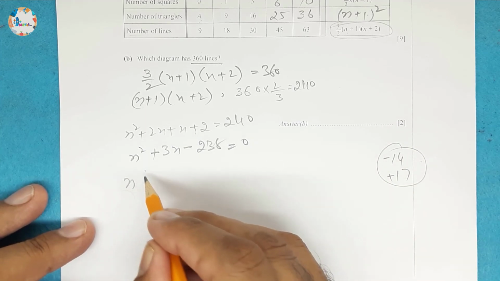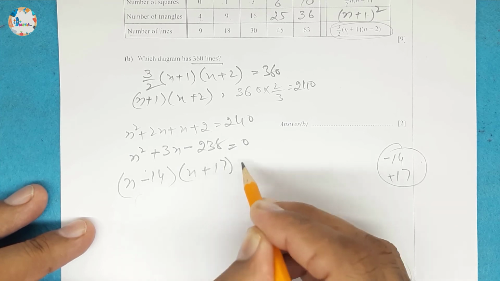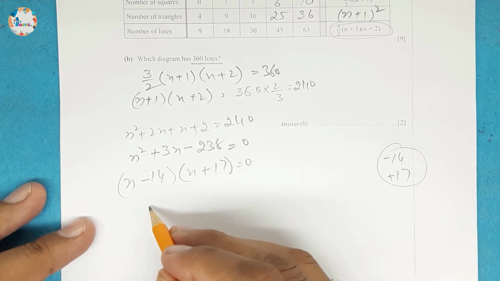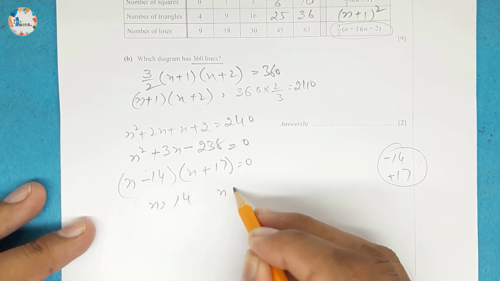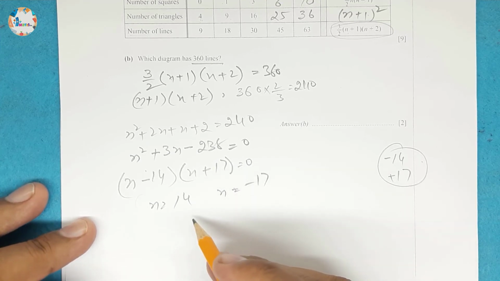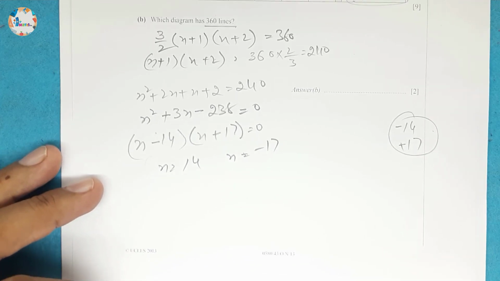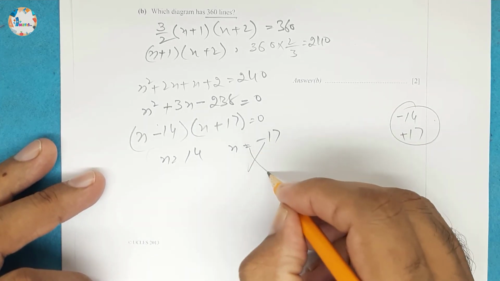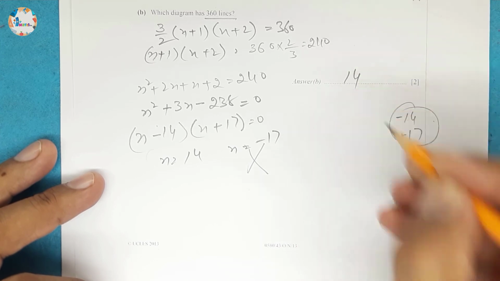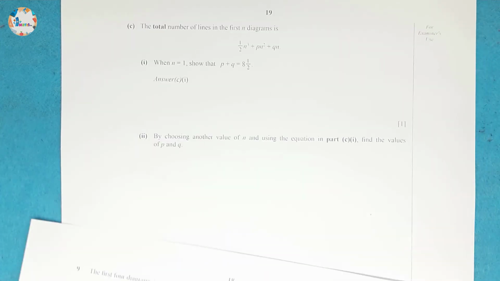So n minus 14 and n plus 17 is equal to 0. So n is equal to 14 and n is equal to minus 17. We will not use the negative side, we will reject this. So we will take n is equal to 14 as the positive answer.